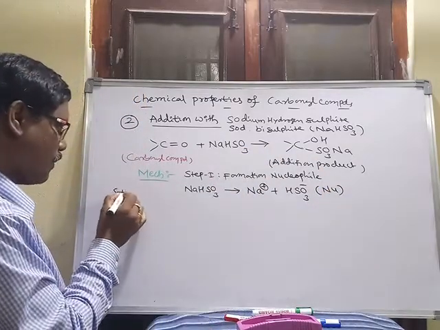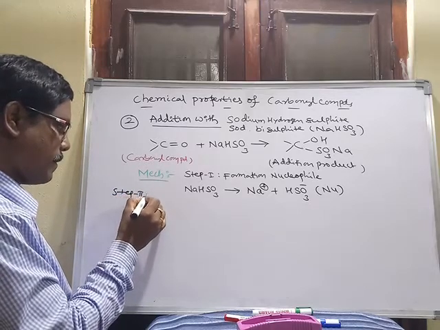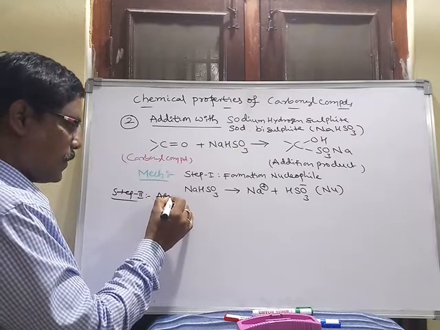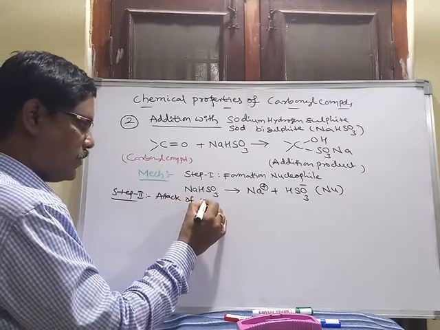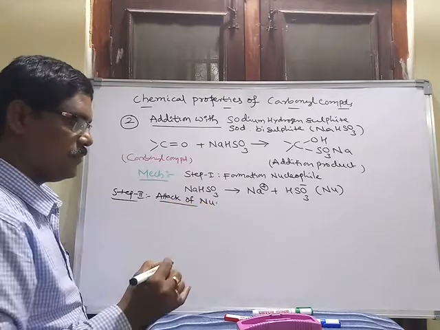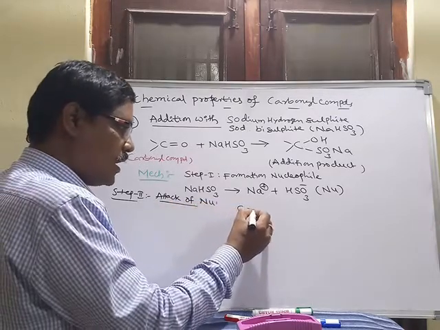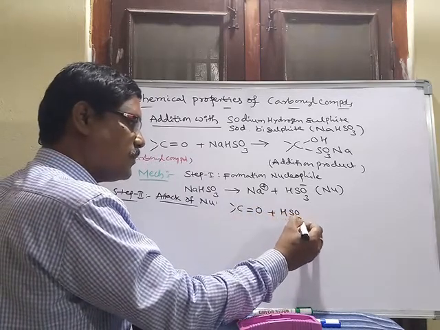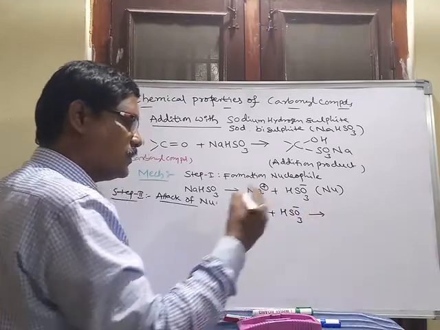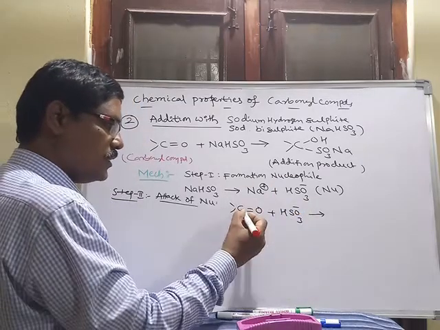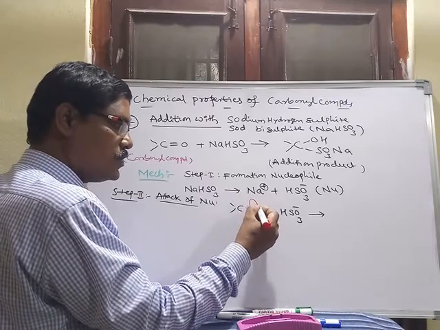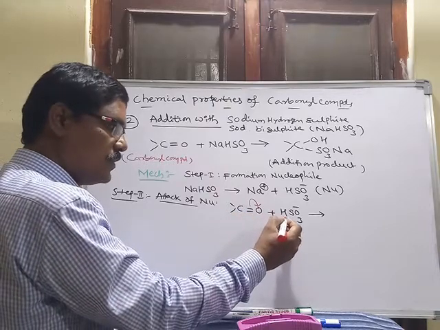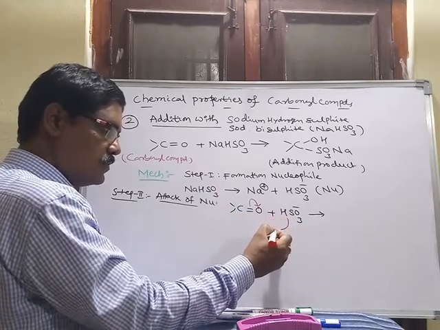Step 2, attack of the nucleophile. This is the carbonyl compound, and the nucleophile is HSO3 minus. The pi bond between carbon and oxygen shifts to the oxygen side, so oxygen gets a negative charge and carbon gets a positive charge.